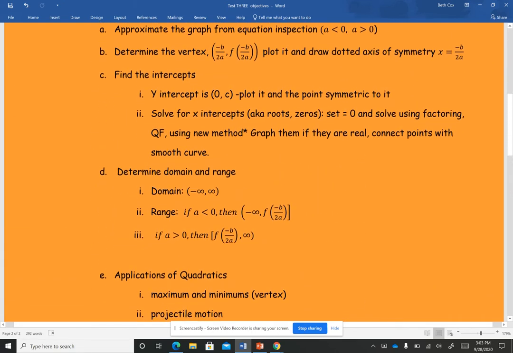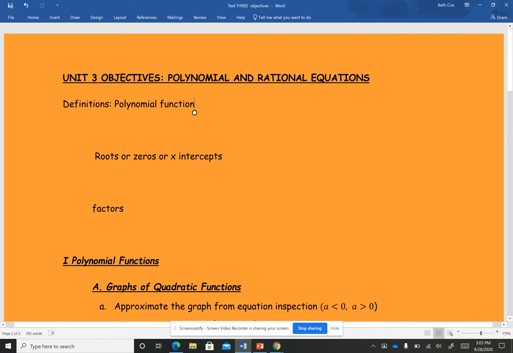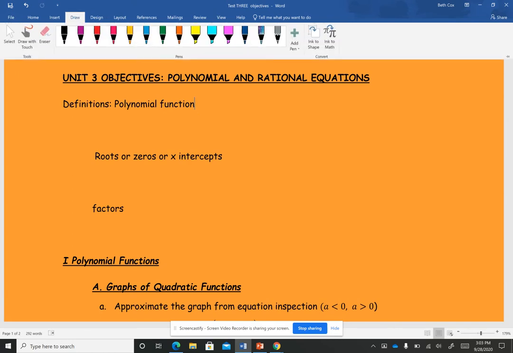So here we go. We're going to start out with just some basics, definitions and examples here quickly. A polynomial function is kind of, if you saw one, you'd say, oh, that's easy. But if you saw the formal definition, you would think, I don't like polynomial functions.